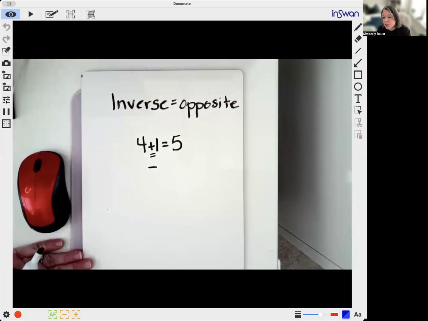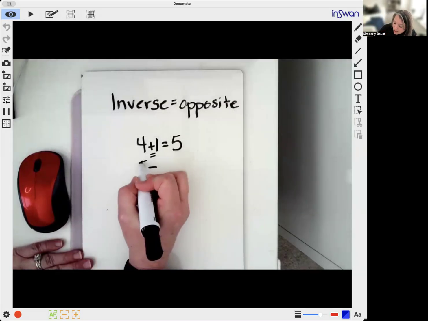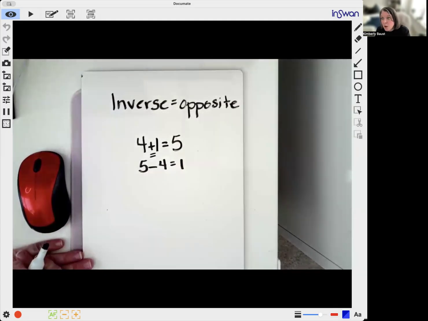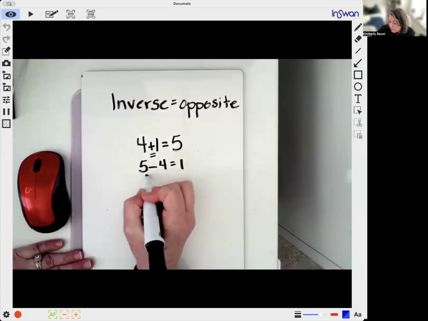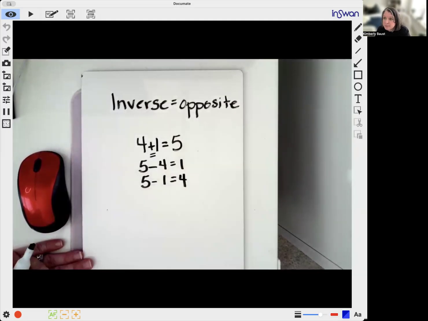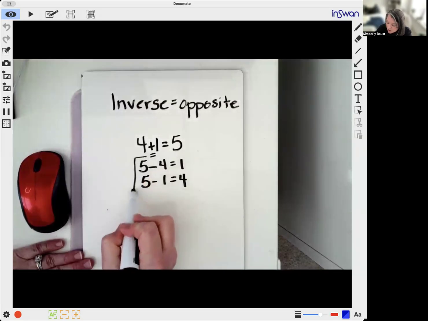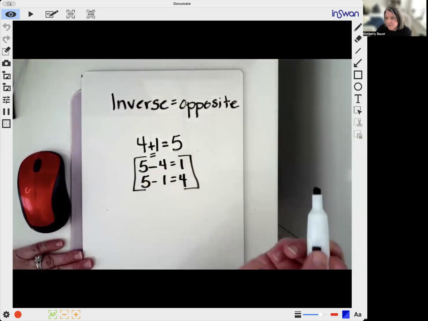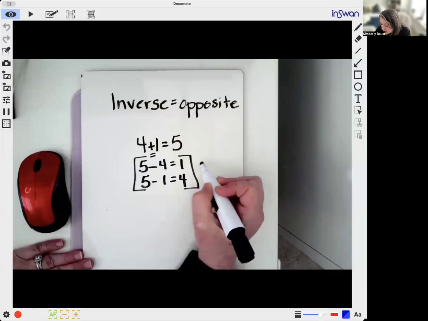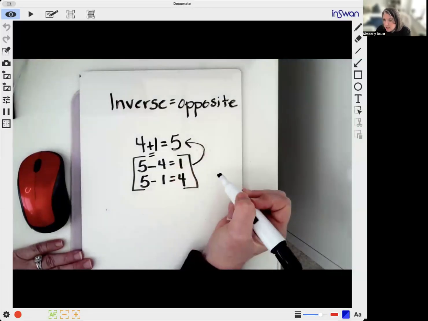So how do we turn this into a correct number sentence? 5 minus 4 equals 1. We could also say that 5 minus 1 equals 4, correct? So these are the inverse operation, opposite operation to that.